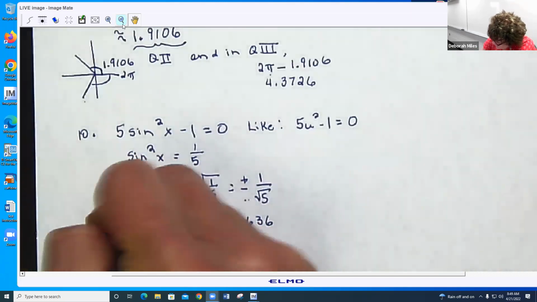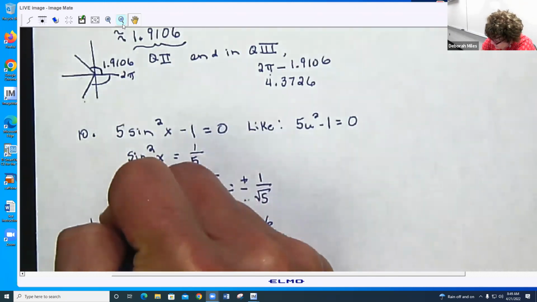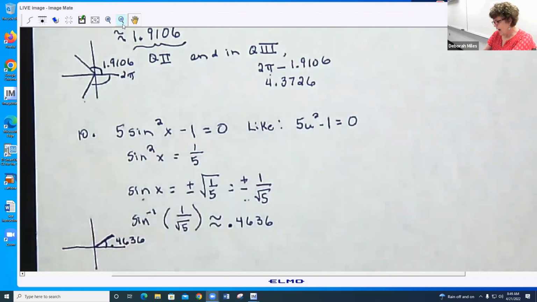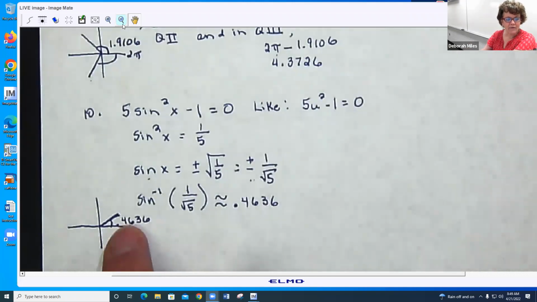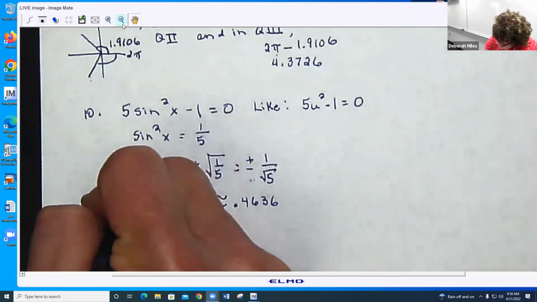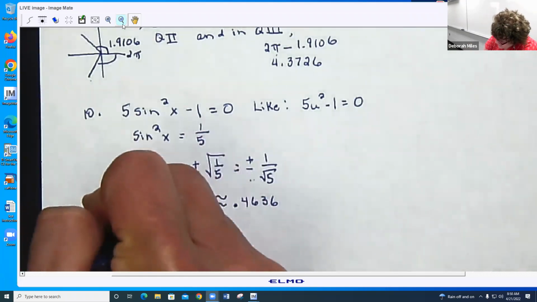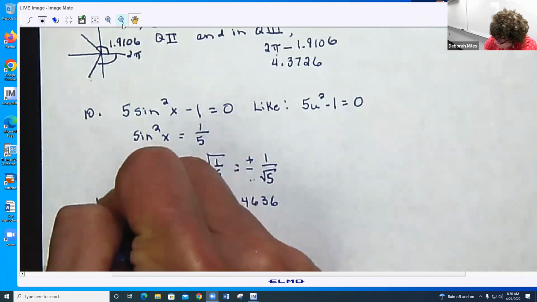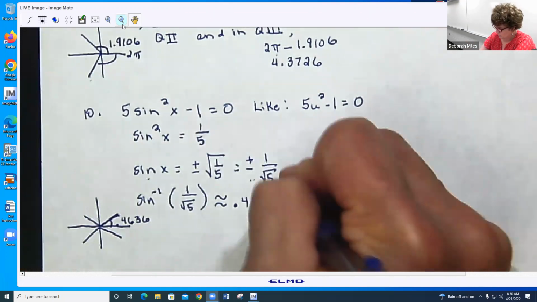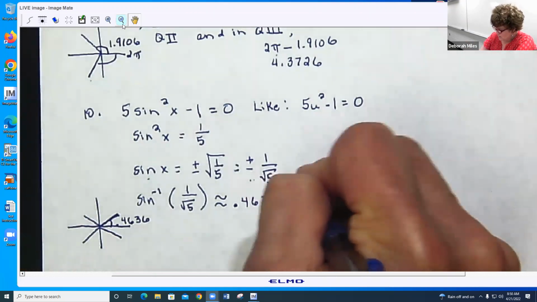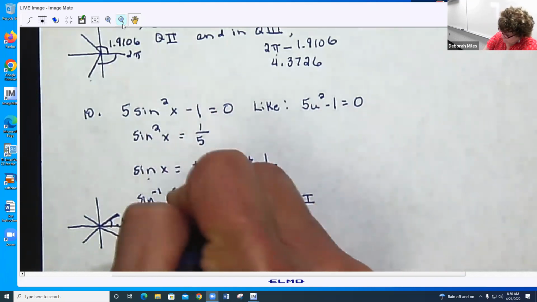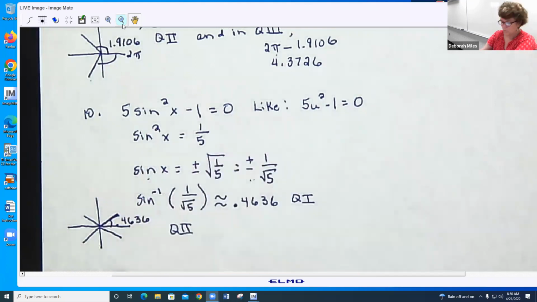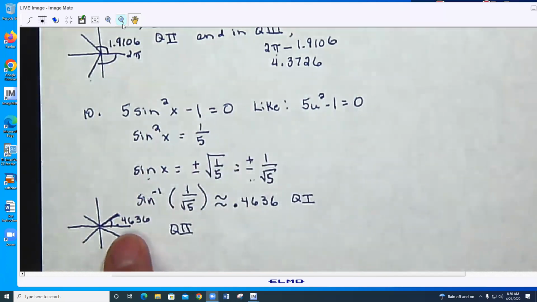I'm not really trying to get it to scale, but there's something close. This is 0.4636 radians. Now, how do I get that same angle that's about a half a radian from the x-axis in the second quadrant, in the third quadrant, and in the fourth quadrant? Tell me how to get the one in the second quadrant. Subtract pi from it.